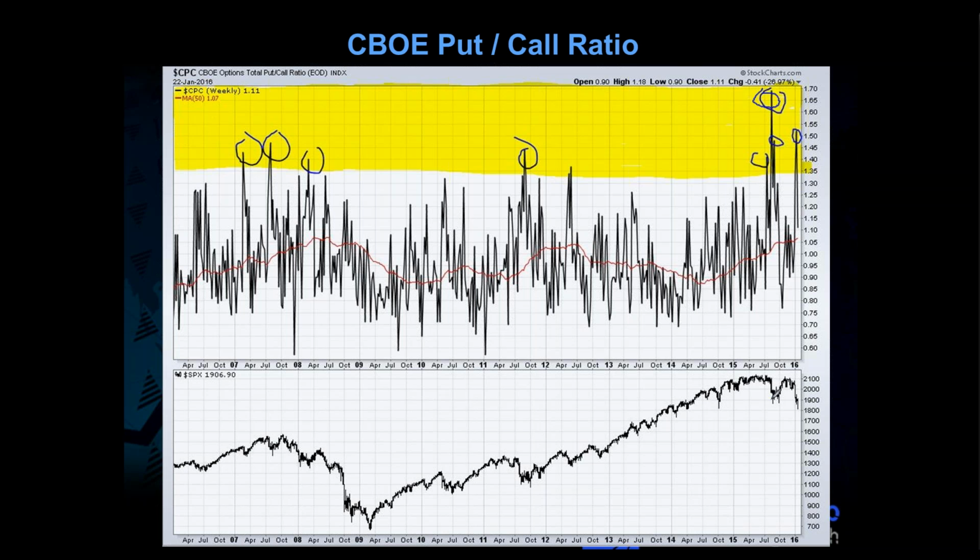And at the very time we made these lows here, it said be ready for a snapback in the markets. So this whole area here that I shaded in yellow, generally when we get up here, you can expect a complete reversal of the markets in just a few days. And that's what we got.